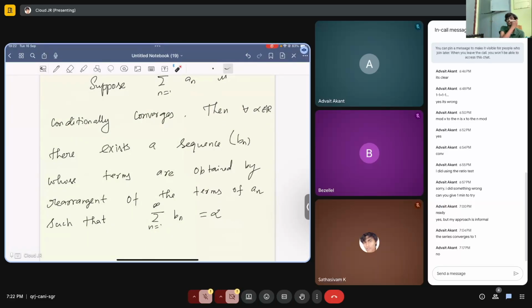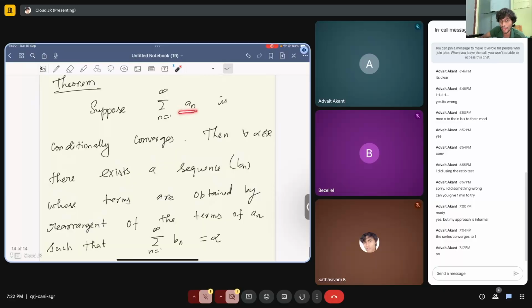In some sense, it tells you that if you have a conditionally convergent series, then the order in which you add actually matters. If you change the order in which you add, then you may not get the same limit. So that is exactly what this theorem tells you.